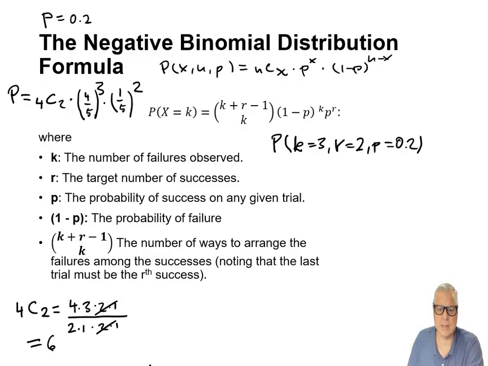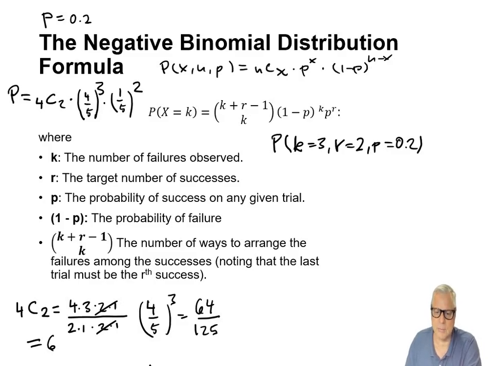Now what is 4/5 raised to the 3? 4 times 4 is 16, so that's 64 over 5 times 5 is 25, times 5 is 125.